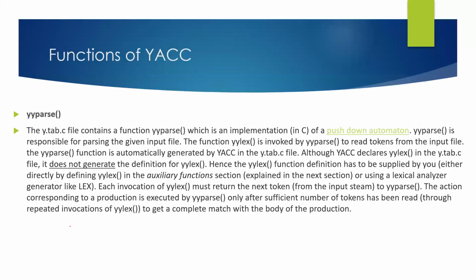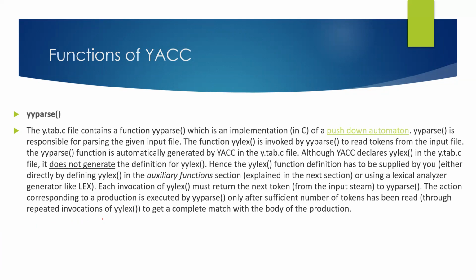Next, we will come to the functions of Yacc. Yacc is for syntax parsing. The y.tab.c file contains the function yyparse, which is an implementation in C of a push-down automaton. yyparse is responsible for parsing the given input file.